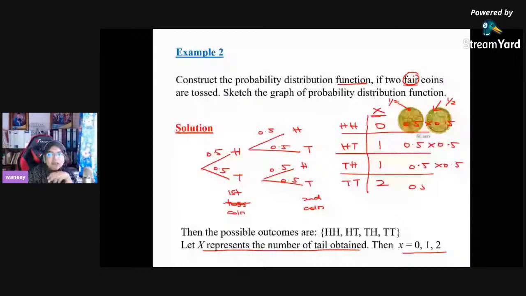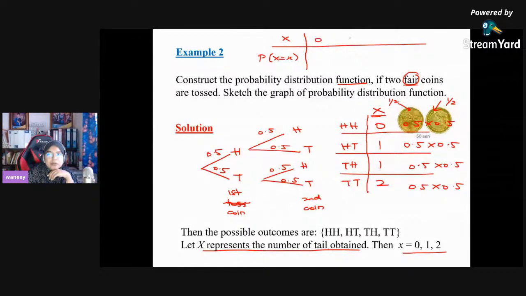Okay, so now let us do the table for them. Imagine we have x over here. This is the probability for X equal to x. Like I told you before, x can go from 0, 1, and 2. So we can either have 0 tails, 1 tail, or 2 tails.